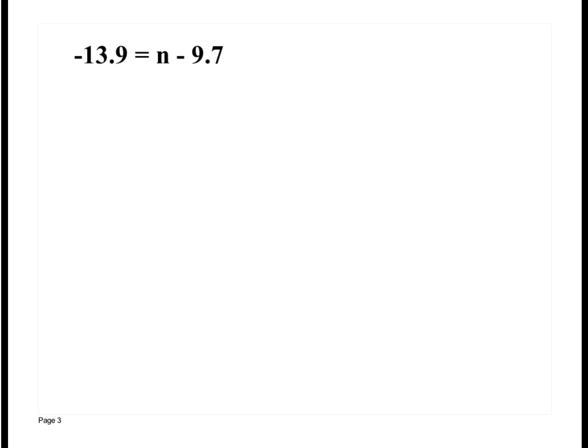Write this down. All right, look at n. I'm subtracting 9.7 from it, so I have to add 9.7. Right? So I add 9.7 to both sides. Then what I do is I find out what n equals.